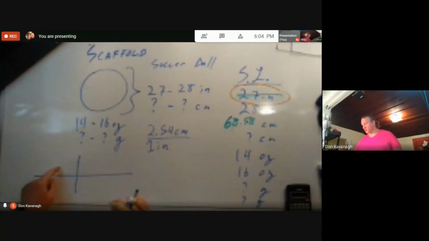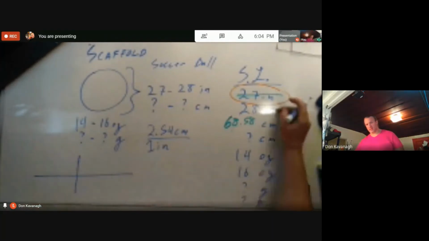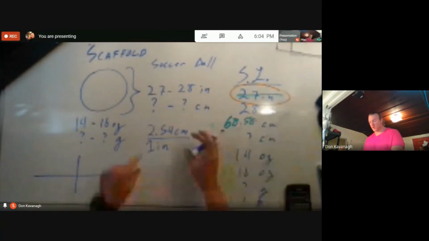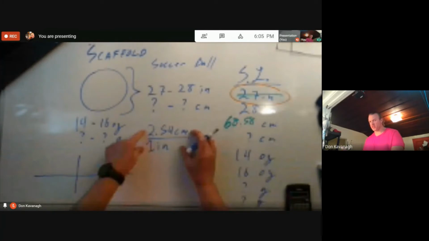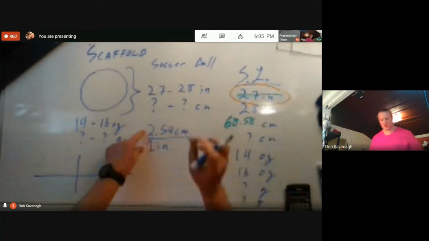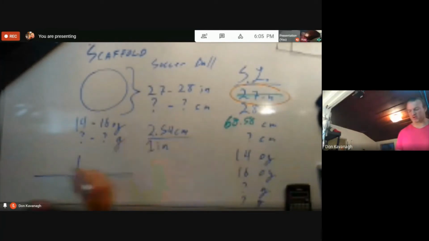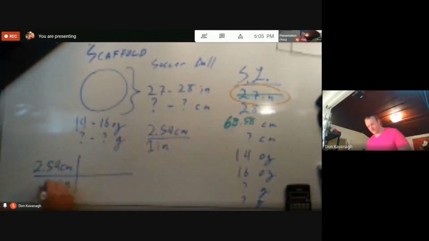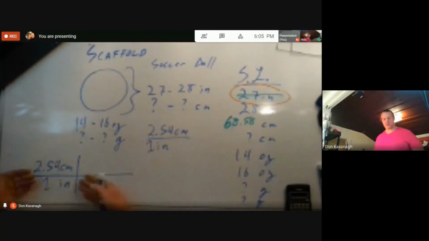We are going to convert 28 inches into centimeters. This is the conversion, and it has centimeters, the unit I want, in it. So I'm going to put this in first in the numerator. Now, no matter what I do from here on out, centimeters is going to be on top.